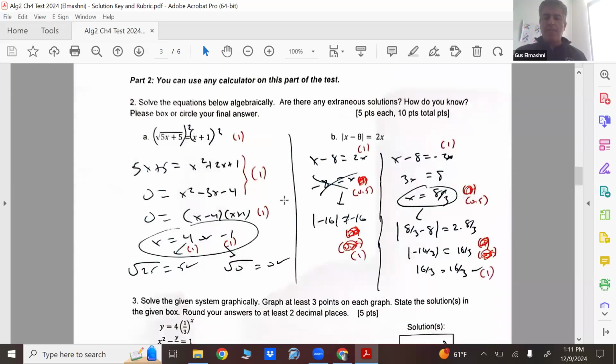But this is where we need to have a little conversation. Maybe you guys were rushed, maybe you were nervous, I don't know what's happening. But remember, I did say if you're sloppy with the algebra, it's not going to turn out too well. Some of the algebra was kind of sloppy. One example is when you square this. Some of you put x squared plus 1. We know not to do that. We know it should be x plus 1 times x plus 1, which is x squared plus 2x plus 1.